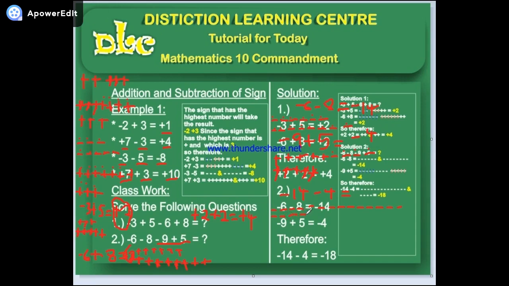If you now count all the minus together, it will give you 1, 2, 3, 4, 5, 6, 7, 8, 9, 10, 11, 12, 13, 14, 15, 16, 17, 18. So your answer will now be minus 18.